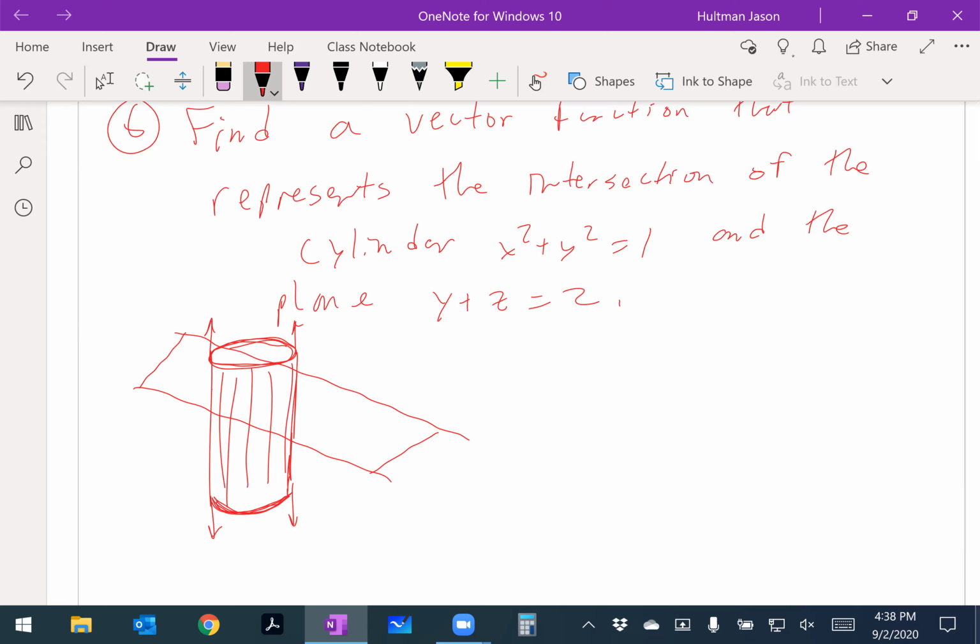A trace. Right? So think of this as see-through. It slices through, and what I get is an ellipse. Does that make sense?